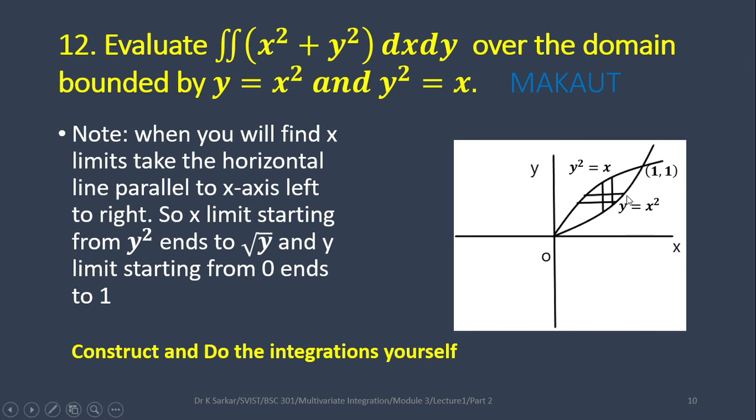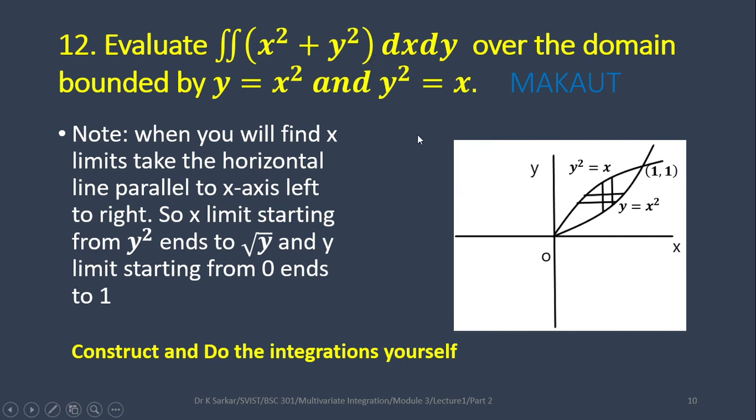So let us draw both the curves y equals x square and y square equals x. They coincide at the point 1, 1. So in this case, you can work out in any order, and by both orders you will get the same answer.